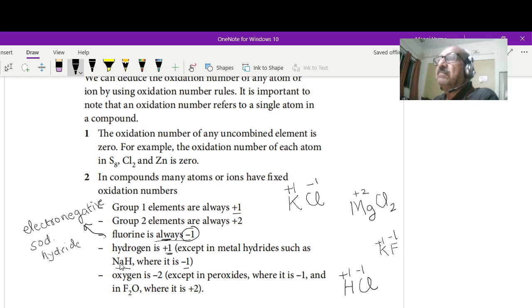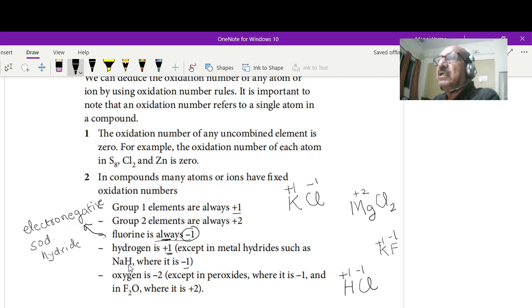Sodium has more tendency to lose one electron. So we cannot make this +1, because then we would have to make sodium -1, and that looks quite unnatural. So we decide according to electronegativity.